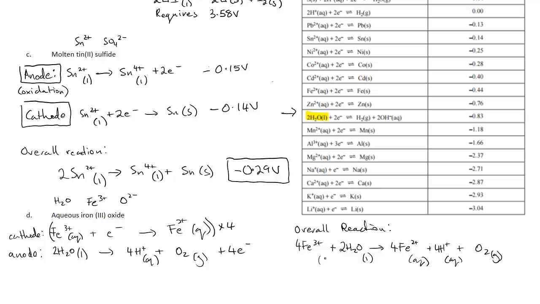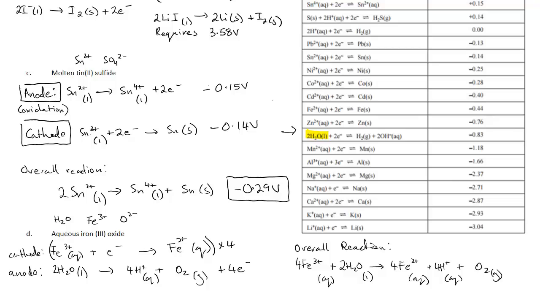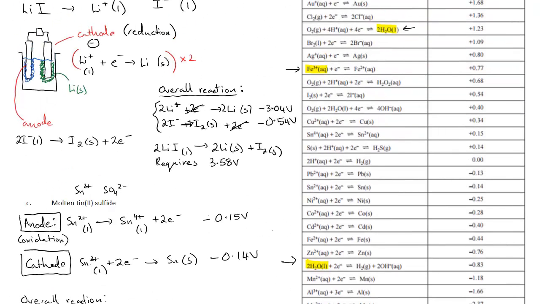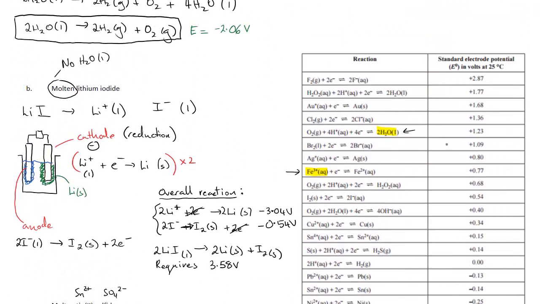Liquid and aqueous. Okay, so in terms of finding the voltage, we need to just have a look at it from here. Because that's flipped around, that's going to become negative 1.23 volts, and we add it to the 0.77 volts. Okay, so we're going to get probably something around negative 5.4 or something around that.